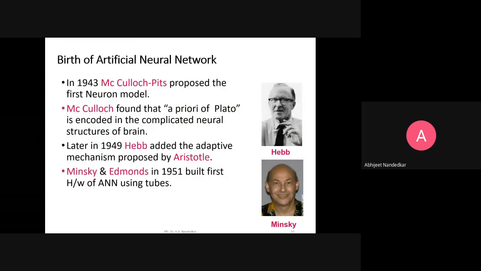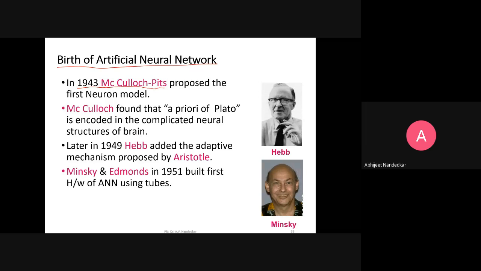I will just go through very quickly now through the artificial neural network which came in say 47 or 48 or so. So the basic biological neuron was studied first and then, inspired from that, in 1943, not 48, it is 1943, McCulloch and Pitts proposed the first mathematical model of neurons.